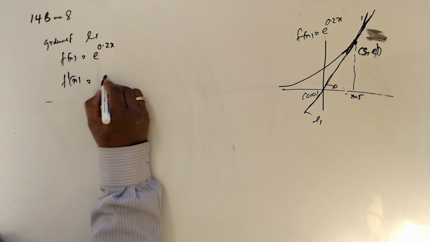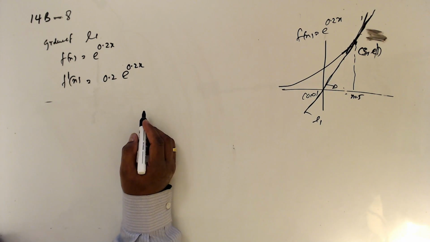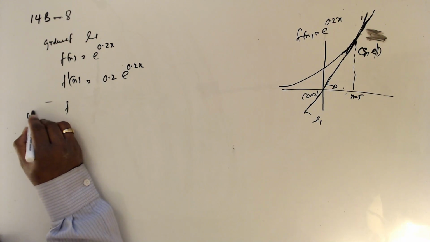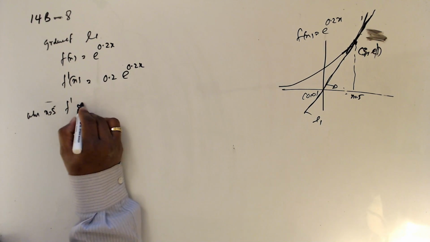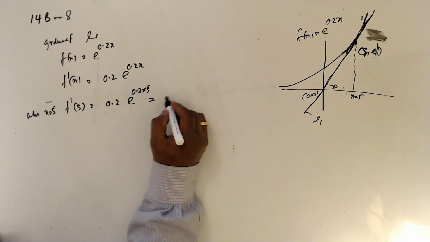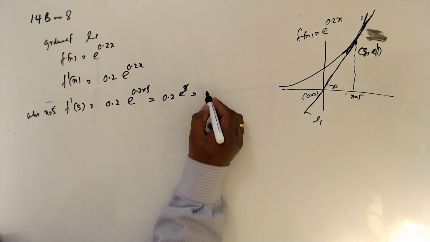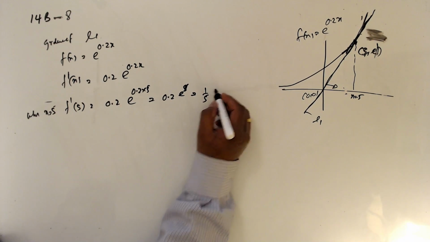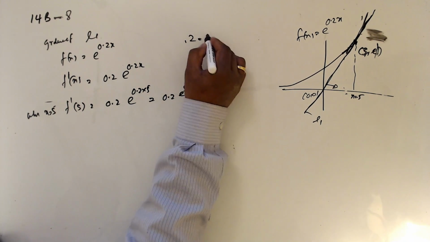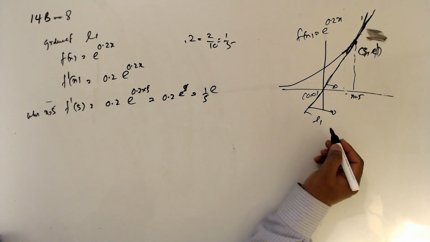So f dash x equals 0.2e^0.2x. Then at point 5, f dash 5 is 0.2 times e^(0.2 times 5), which is 0.2e^1. 0.2 means 2 over 10, which is 1 over 5, so 1 over 5 e.